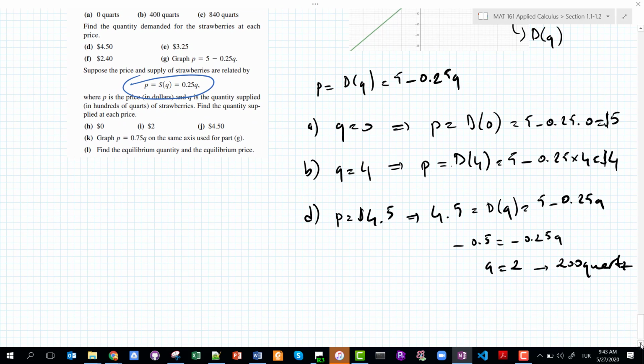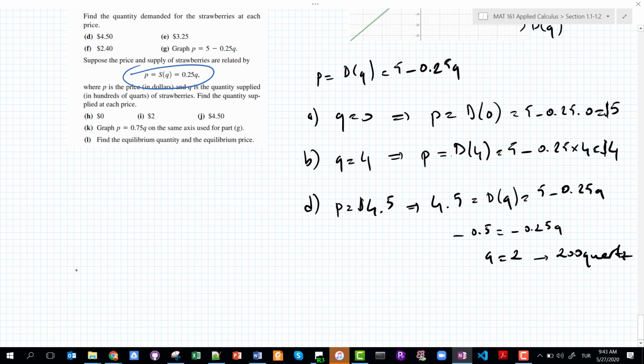Okay, for the supply part, we can do similar examples. Let me just show you one of them. If the price for the supply part is $2, what would be the supply amount? P is equal to 2, and I'm trying to figure out what will be the quantity in the supply part.